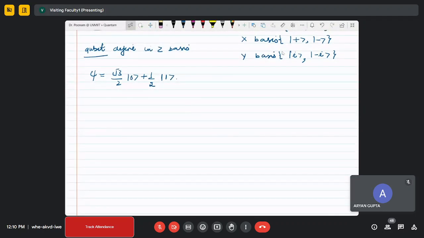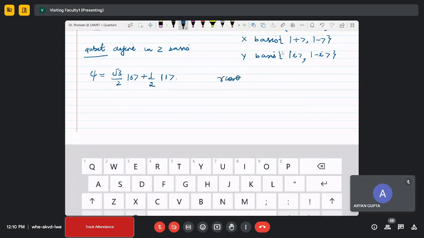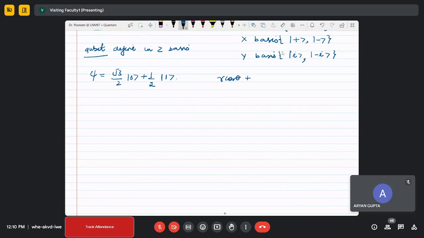So if I link it with the coordinate or the orientation, if you remember the last class, r cos theta was your x and r sin theta was your y. And we all know normally r square is equal to x square plus y square.